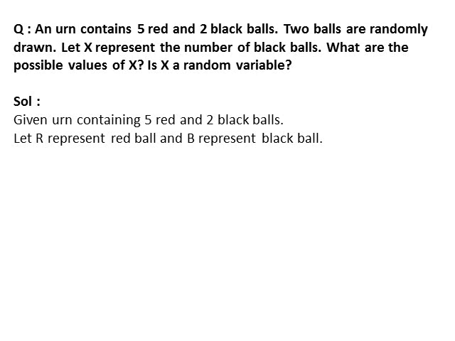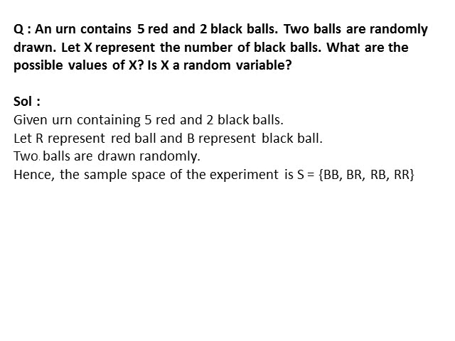Here, the given urn contains 5 red and 2 black balls. Let R represent a red ball and B represent a black ball. 2 balls are drawn randomly, hence the sample space of the experiment is a set S containing possible outcomes BB, BR, RB and RR.